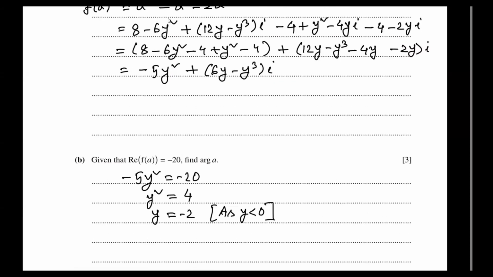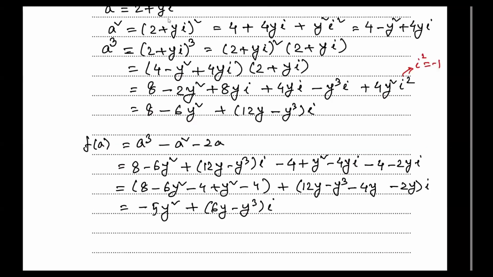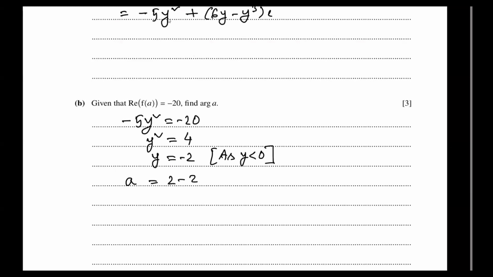In that case, we have to find the argument of a. What is a? a is 2 plus yi, so 2 minus 2i. It lies in which quadrant? Real part positive, imaginary part negative. So it lies in the fourth quadrant. In fourth quadrant, argument is minus alpha. So arg a is minus tan inverse of the basic acute angle.